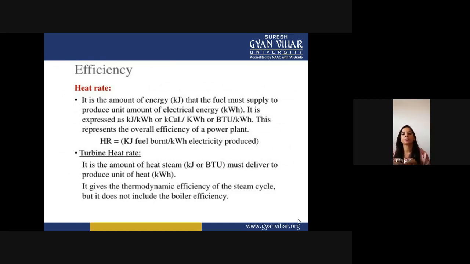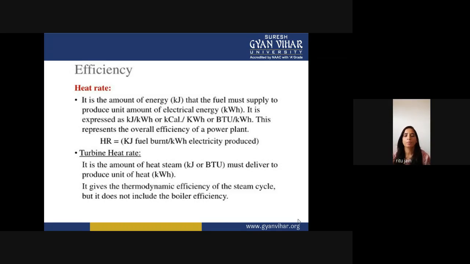Suppose the amount of energy is in kilojoule, and from that amount of energy you are getting 1 kilowatt hour, which is 1 unit. If you are getting 2 kilowatt hour, that means 2 units. So from this amount of energy you are getting this number of units, and that is your heat rate.